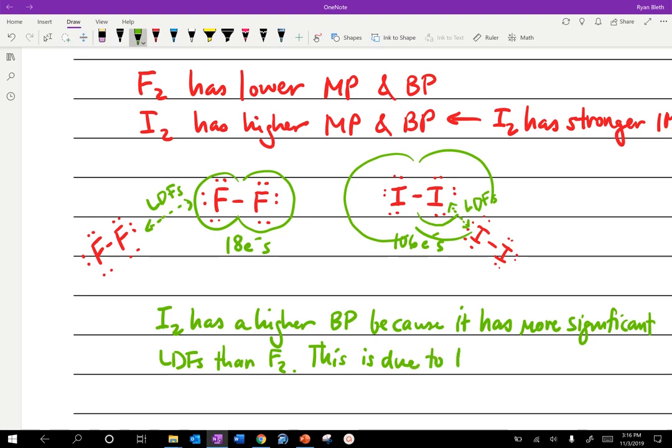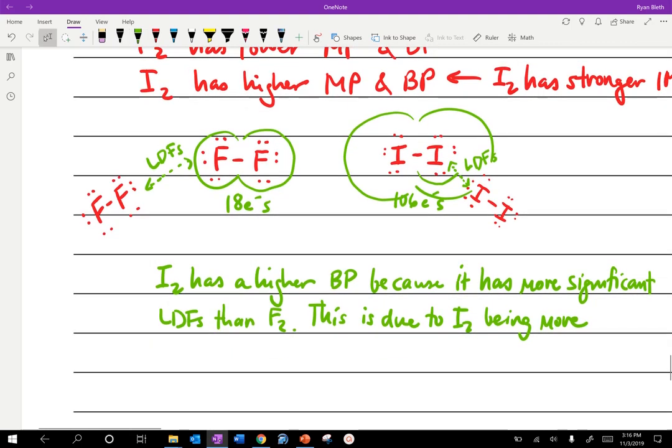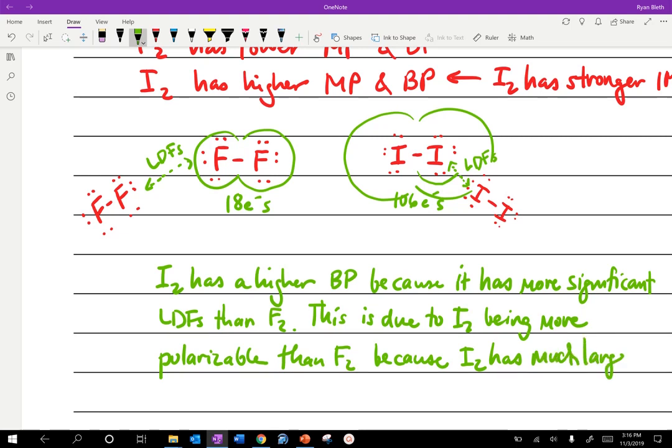Okay. I2 then is more, and there's the phrase we like to go to when we're talking about London dispersion forces, more polarizable than fluorine, because I2 has a much larger electron cloud than does fluorine.